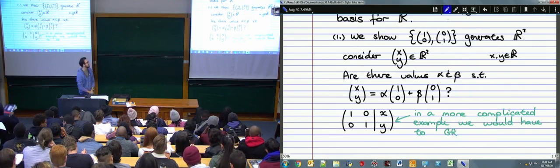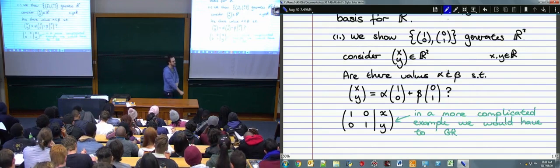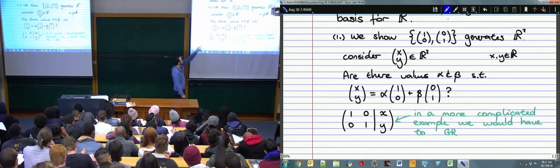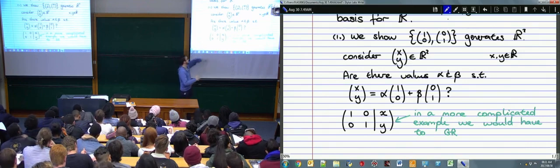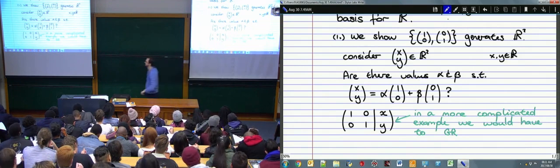In a more complicated example, we'd actually have to do some Gauss reduction. But this is already as Gauss reduced as it's going to be, and we can immediately read off the answers: alpha is equal to x and beta is equal to y.